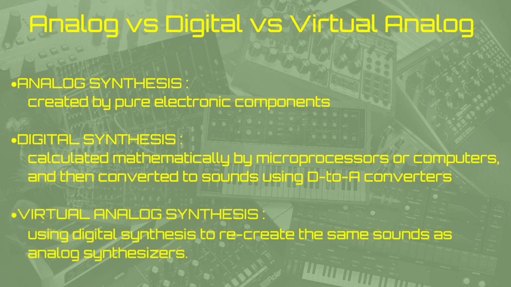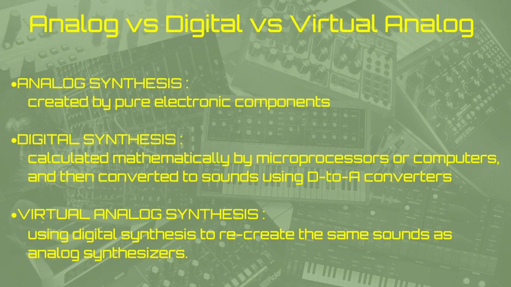And these math functions calculated by microprocessors could very easily mimic the behavior of electronic, that is, analog signals. They could even simulate the imperfections of the analog electronic circuitries found in the original analog synthesizers. And that was called virtual analog synthesis because it sounded like analog synthesis, but actually was a simulated, calculated version of analog synthesis. But we'll talk about this in a minute.